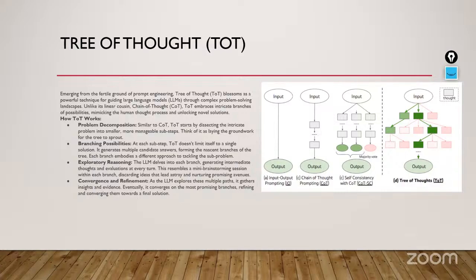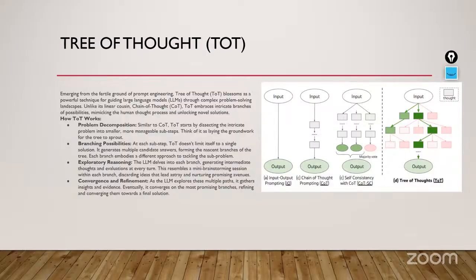It generates multiple candidate answers, forming the nascent branches of the tree. Each branch embodies a different approach to tackling the subproblems. If this is a problem, what are the different problems that can arise from this problem? Then it will follow exploratory reasoning.